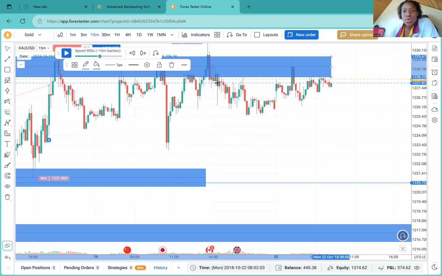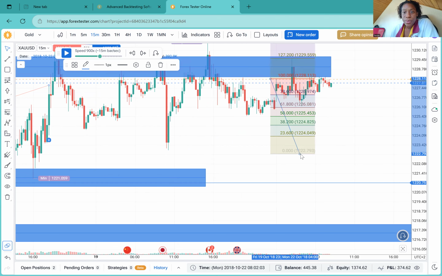So what do we do? When price is at the top, we put our Fibonacci from the top to the lows. And then we want to sell between 79 and 68 here. That's where we want to sell, right?